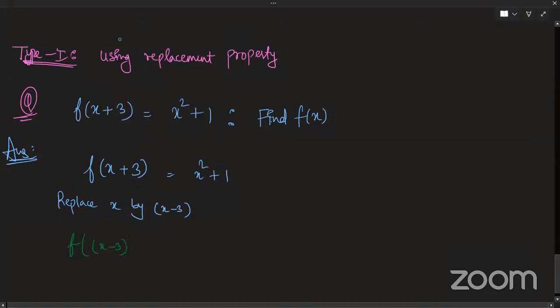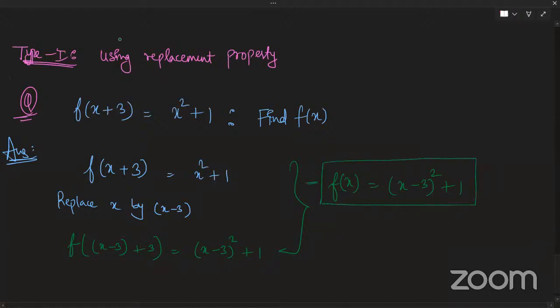So it is f of x minus 3 plus 3 is equal to x minus 3 squared plus 1, right? So I can say this left side मेरा क्या हो जाएगा? f of x. So मेरा f of x हो जाएगा x minus 3 whole square plus 1. ठीक है, ये हो गया मेरा f of x. अब चाहो तो इसको ओपन कर लो.